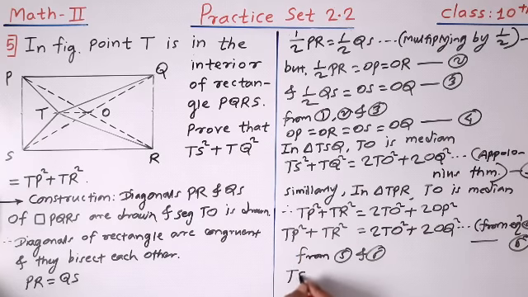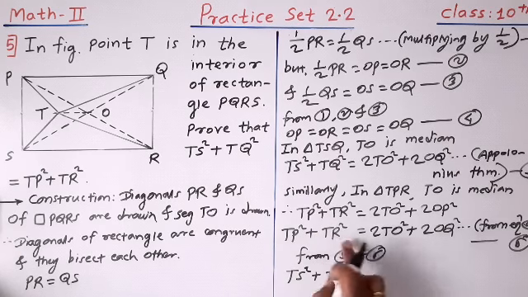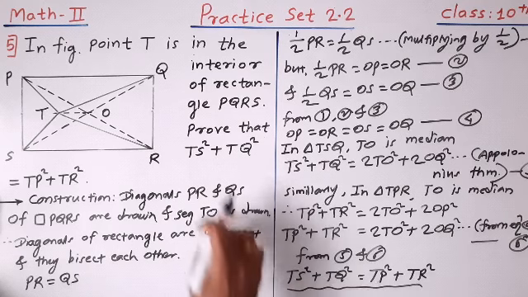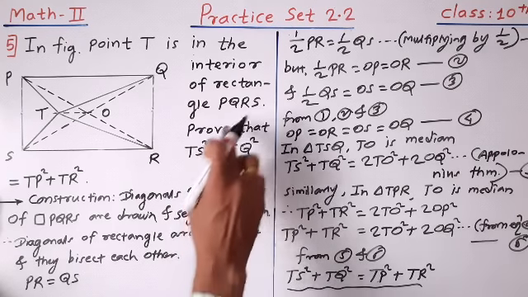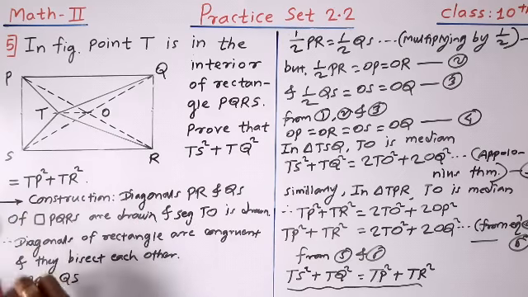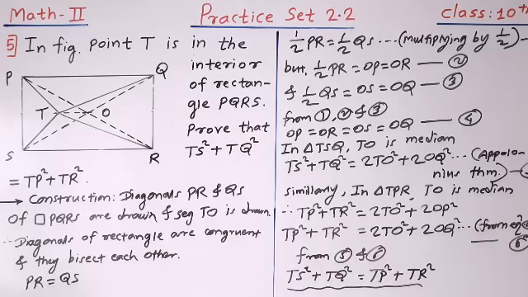So we can write here TS square plus TQ square is equal to TP square plus TR square. And this is our to-prove part in the question. See here, in the question, what we have to prove: TS square plus TQ square is equal to TP square plus TR square. And it is the last line of our answer, means we have proved what was asked in the question.